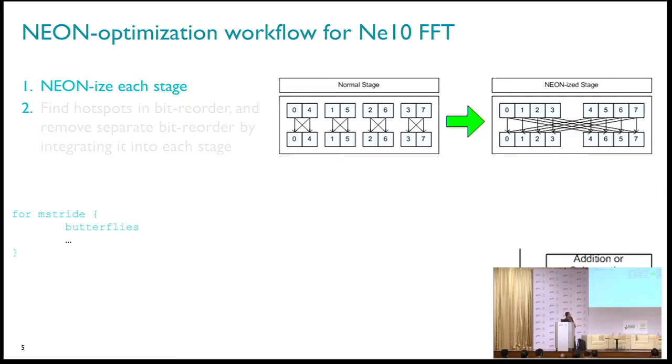We can see from the right sub-figure that the arrows are parallel, and so we can neon optimize these operations. We load four elements at a time, do the parallelized operation, and then store them. By this neonization, we got 20% performance improvement.